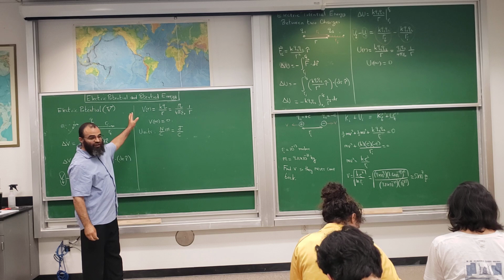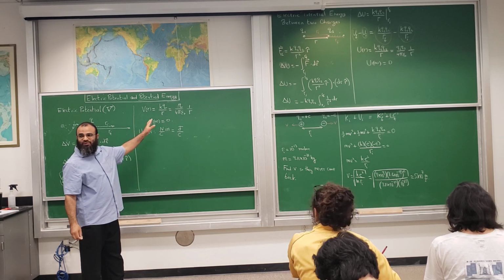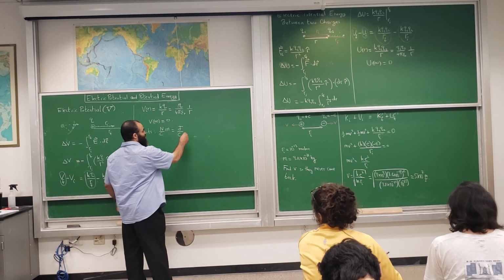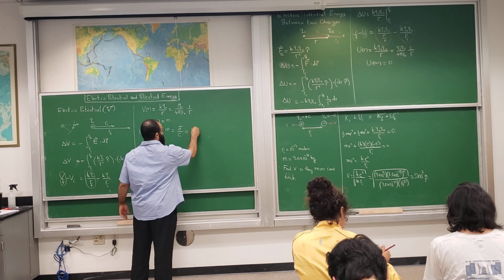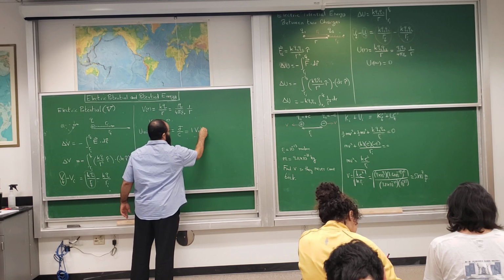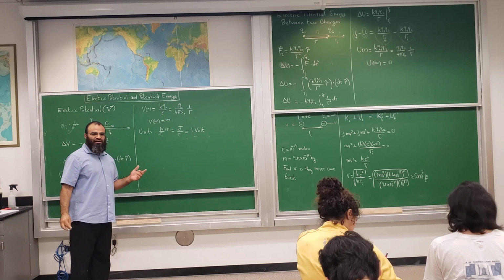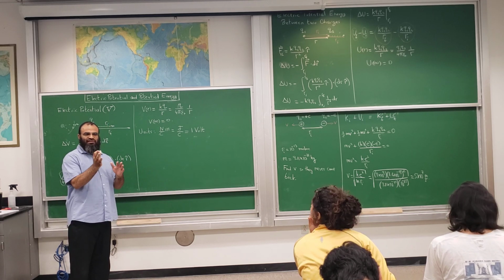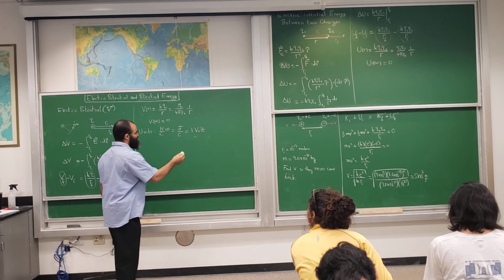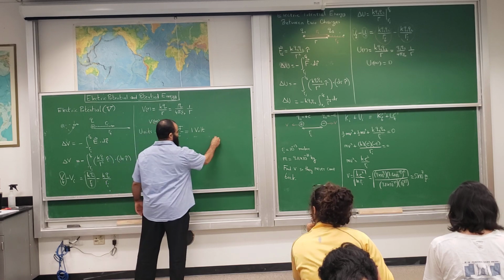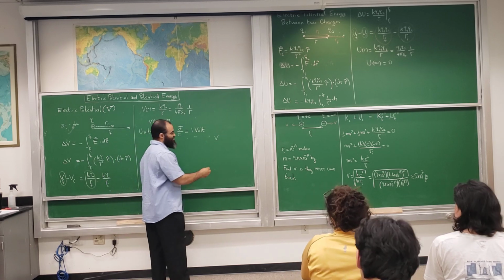So the units of V are joules per coulomb, but the joule per coulomb is called a volt. 1 volt. And I usually write the word volt on purpose. In the book it's italicized a little bit because V is the quantity, the voltage.